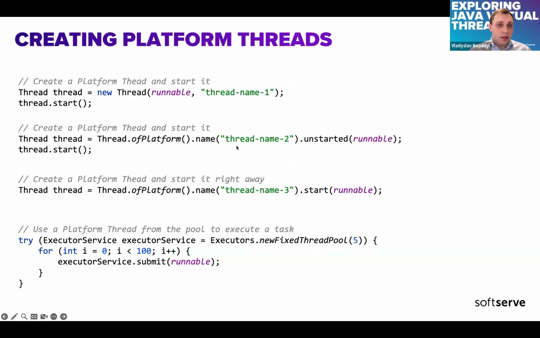So here's the way we start the platform thread. Here's another way to start it. And this is the way we used to submit a task to a pool of executor threads.